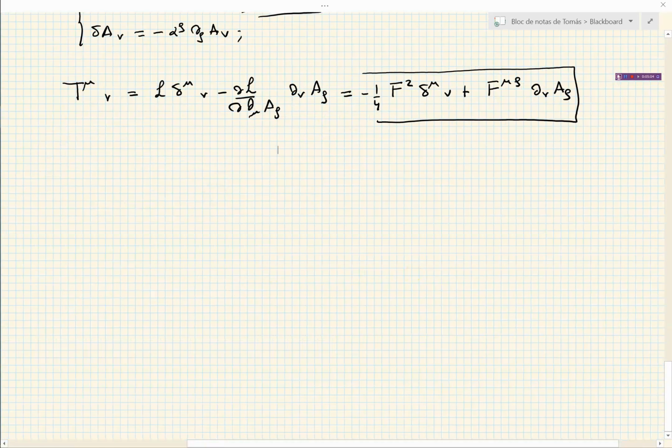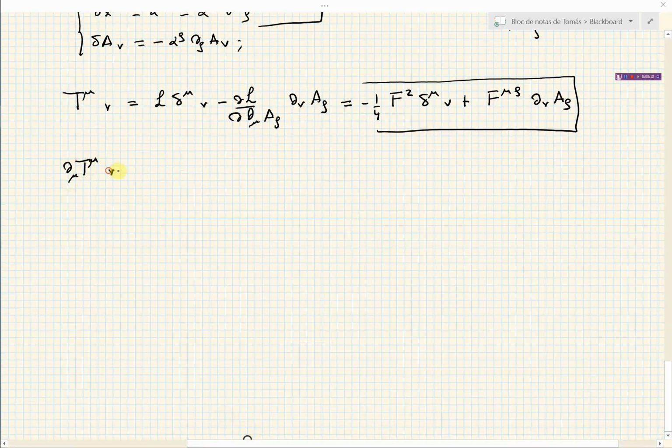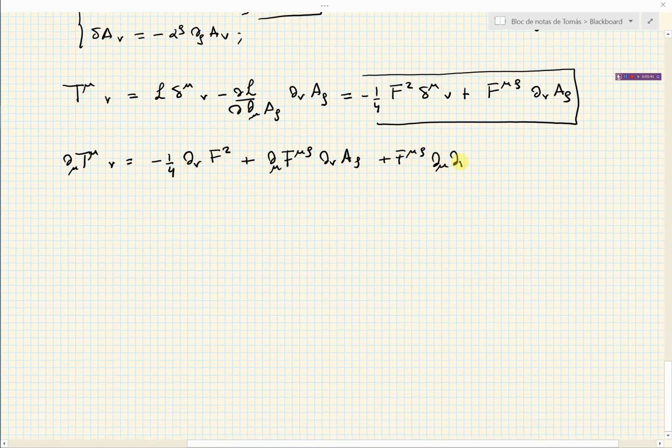The first thing we can do is to check that it is conserved indeed, using the equations of motion, which are the Maxwell equations that we just derived. So we take this derivative, this is minus 1/4, and partial_mu is contracted with this delta^mu_nu, so this is just partial_nu F squared, plus then I get two terms, partial_nu A_rho plus F^mu rho partial_nu A_rho.